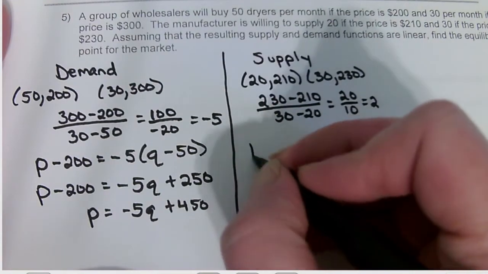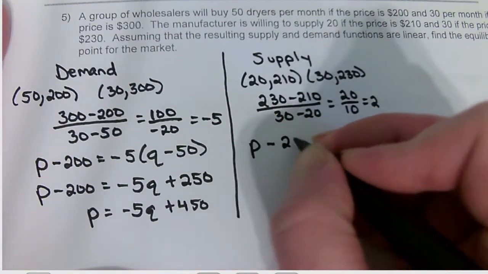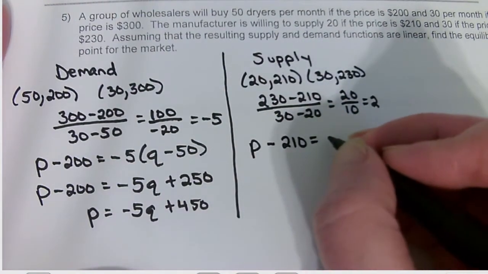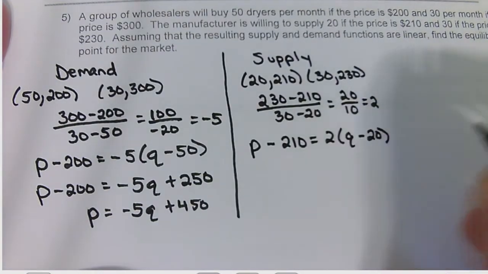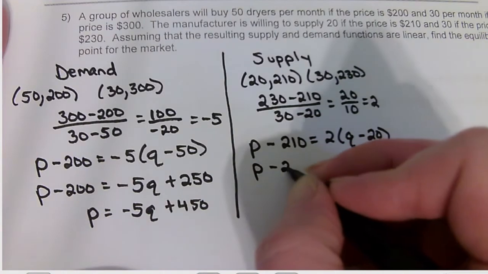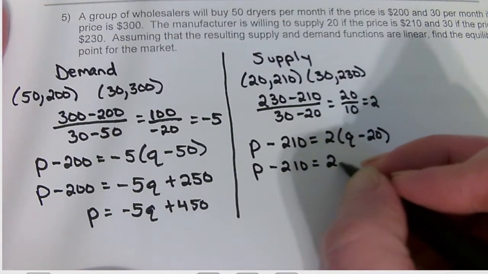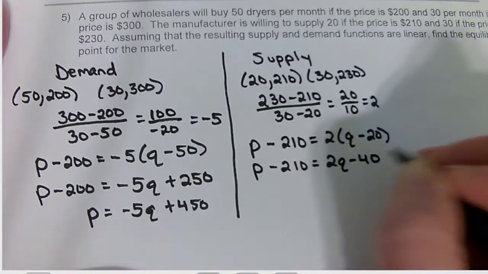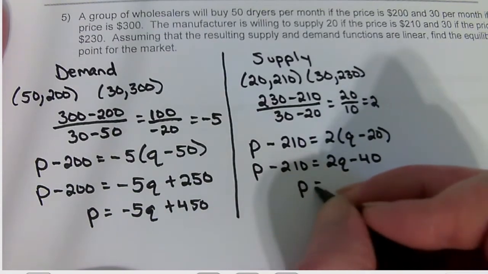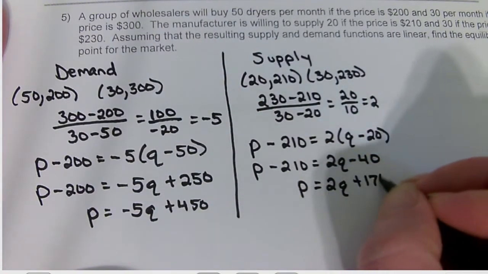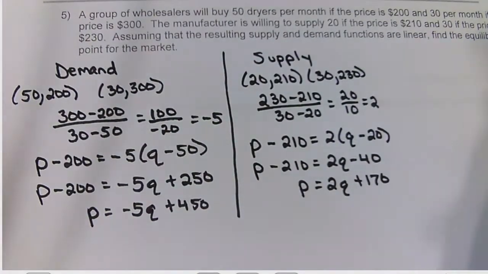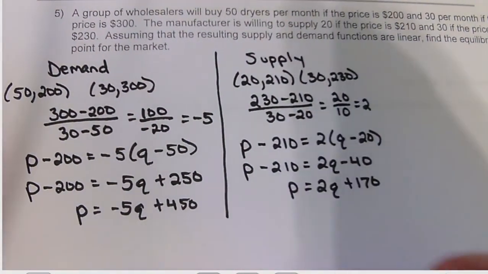Then we need to find the equation. I add that over, that's going to be 170. So I now have my two equations. I have my equation for supply and demand.